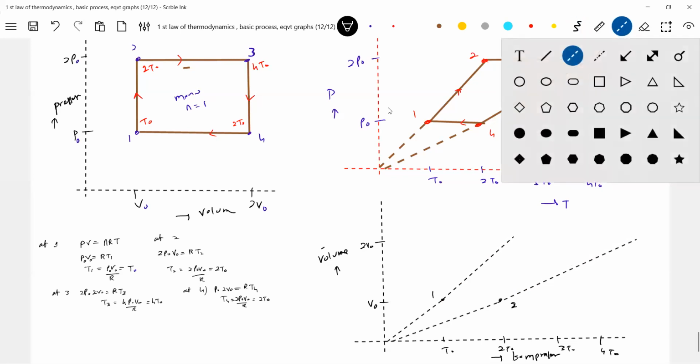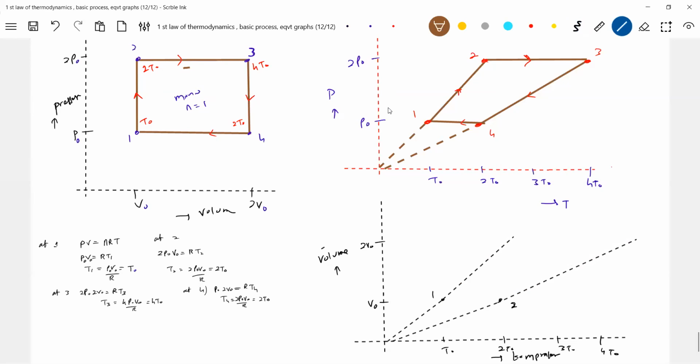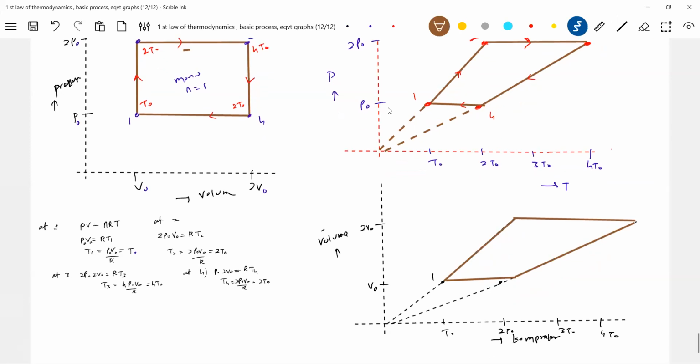We'll redraw the scales, all other scales also. 3T0 will not be there.